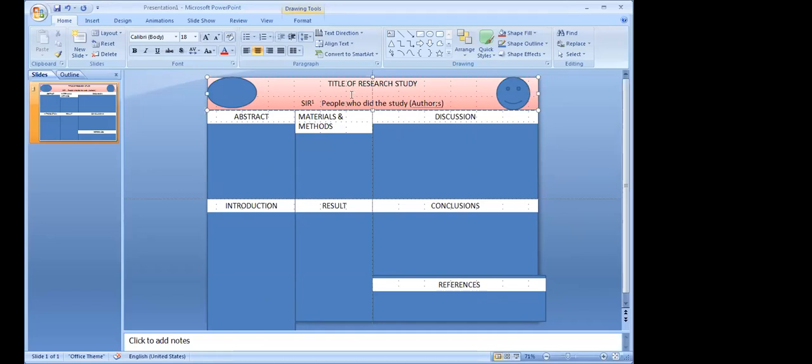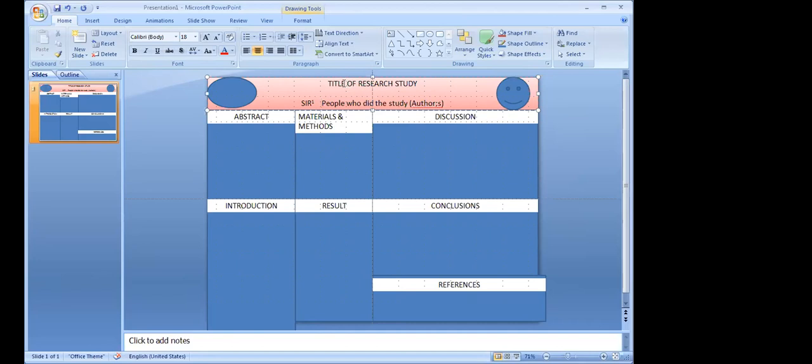We can't write that many methods, so the best way is to put all that information in tabular form. It will be very easy for a reviewer to read how they isolated or estimated the particular phytochemicals.